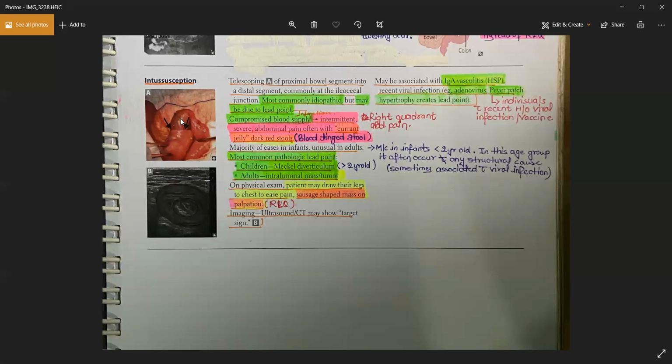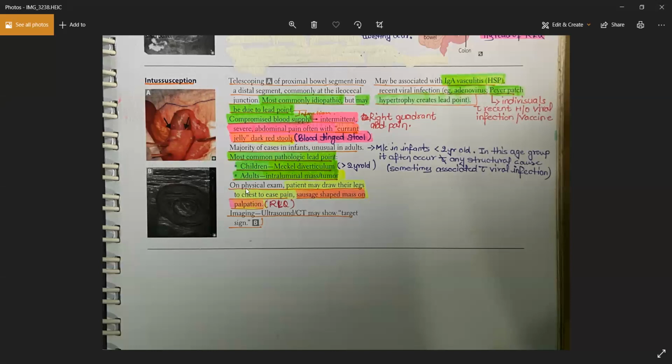Ischemia, necrosis and bleeding complications can happen, and that can lead to a stool which is rich in blood. So pain, nausea, vomiting, constipation, abdominal distension, fever, and the red stools or currant jelly stools. These are the symptoms for the intussusception.